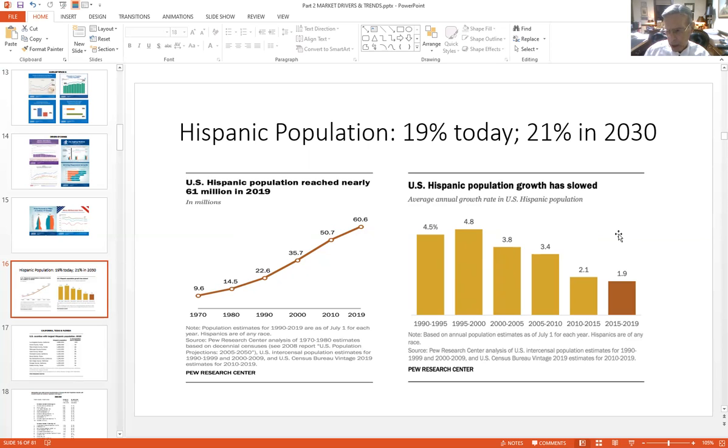And Asians don't make up nearly the population segment that Hispanics do. Next to Caucasians, Hispanics are the largest population group in the United States, representing just short of 19%. When this survey was done, I think it was 18.7, and I rounded. By 2030, the expectation was that that group would represent 21%. I'm guessing it'll be larger than that because of the change in immigration policies that should be expected.